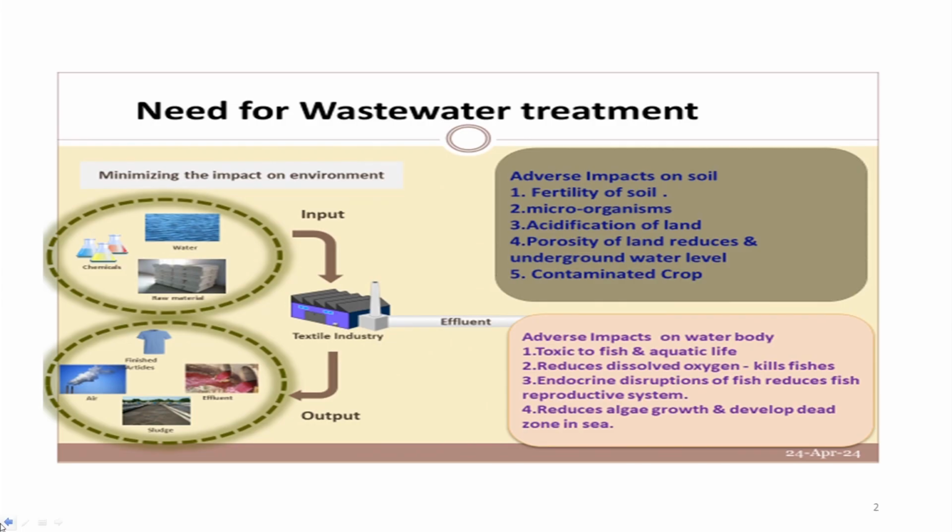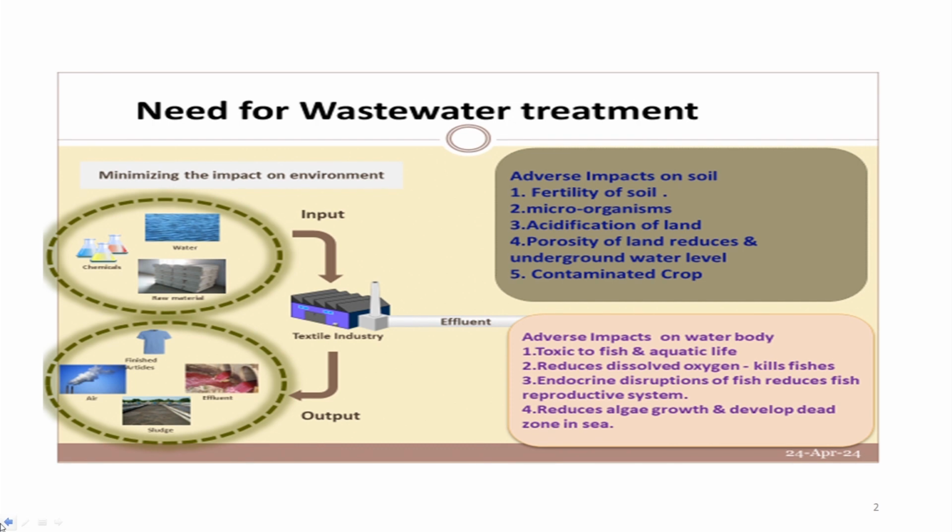It can affect the soil fertility, the microorganisms that are present in the soil, acidification of the land, porosity of land reduces and underground water levels become contaminated. So, these are the adverse effects on the soil itself.